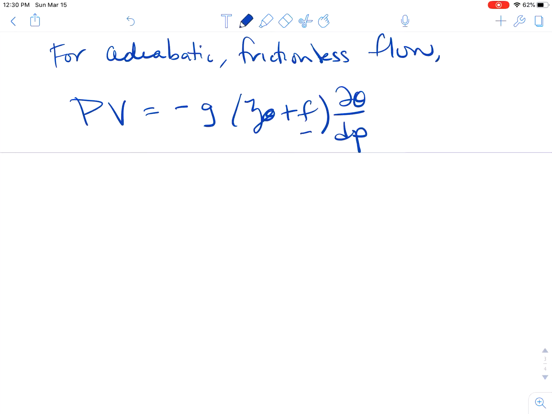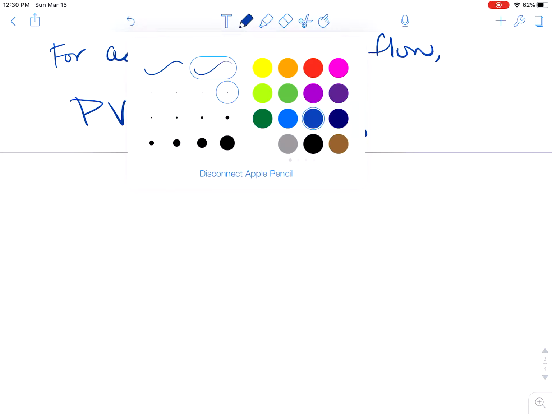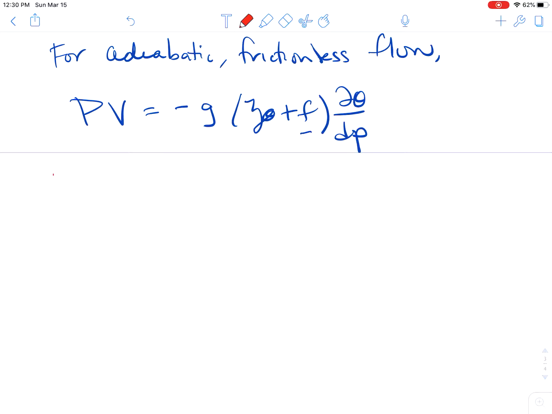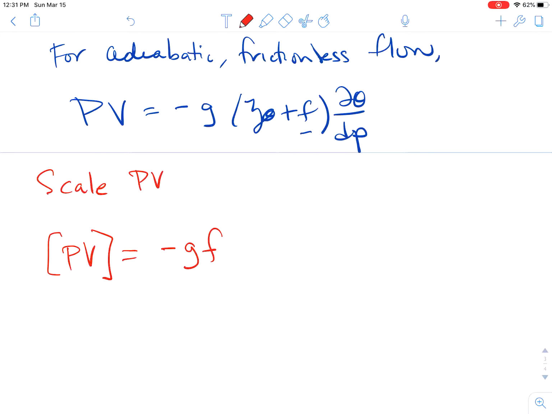And so the one that's going to be more important here is our Coriolis. So what we're going to do is scale PV. I'm going to change colors here for a second, such that the scale of PV is going to be based on the equation minus g times f times our change in theta over our change in pressure.